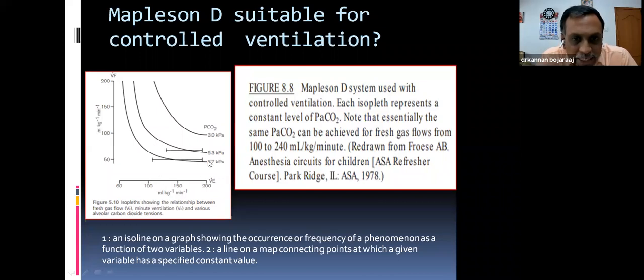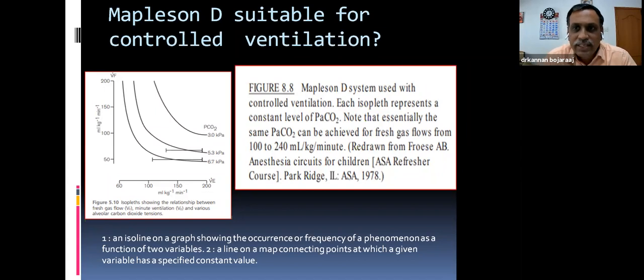The PCO2 maintained will be 6.7. And next, take this next isopleth, having this 150 fresh gas flow, and thereby we can reduce this alveolar ventilation to 100. That is enough for maintaining the PCO2 of 5.3 kilopascals.